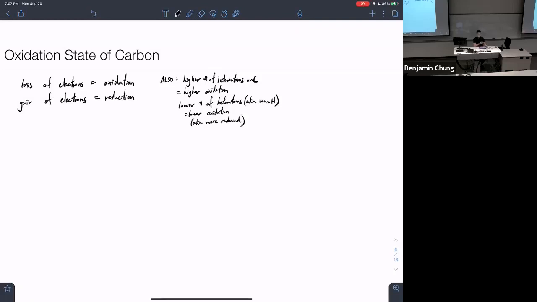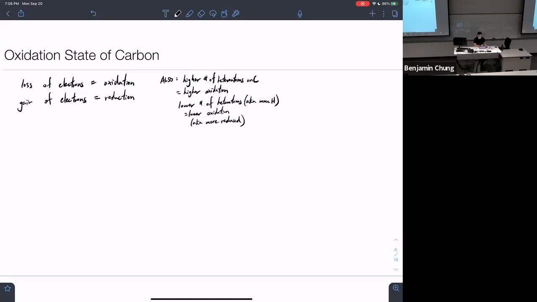So heteroatoms typically like nitrogen, oxygen, all the halides, they're typically more electronegative, right? So they withdraw electron density away from carbon, which is why they end up oxidizing that corresponding carbon. Whereas hydrogen is more electropositive than carbon. So when you have more hydrogens, that means you have a lower oxidation number on a carbon.